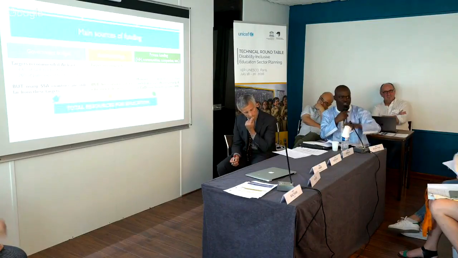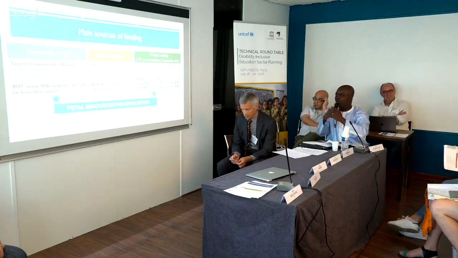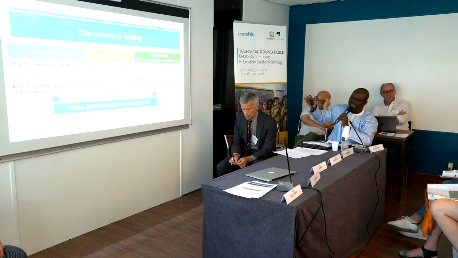Why? Because most of the time, children with disabilities come from the poorest households, and those are the ones not in school. So this is not the best way to deal with the issue.